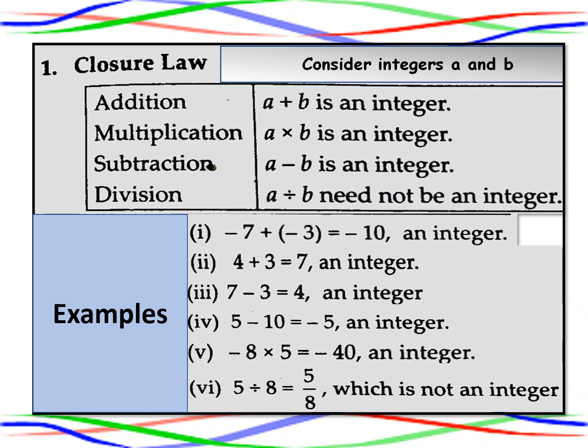And for multiplication also, the product of minus 8 with 5 is minus 40, an integer. But for division, 5 by 8, both integers are taken, but the result is a rational number. So it is not an integer. So closure property is not true for division of integers.